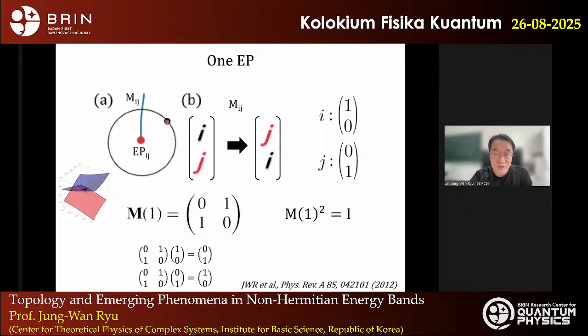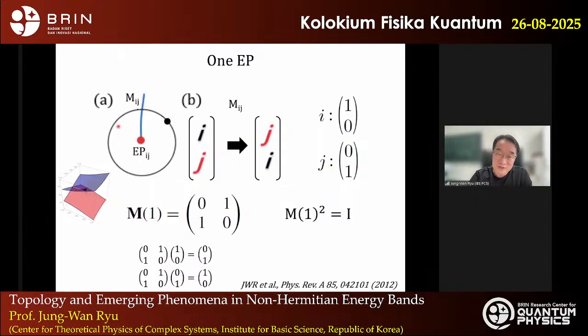When we cross this branch cut, i changes into j, and j changes to i. The upper state changes to the lower state, and the lower state changes to the upper state. This can be described by this permutation matrix. Sometimes it's called the holonomy matrix; there are many names. This permutation matrix changes i states into j states.